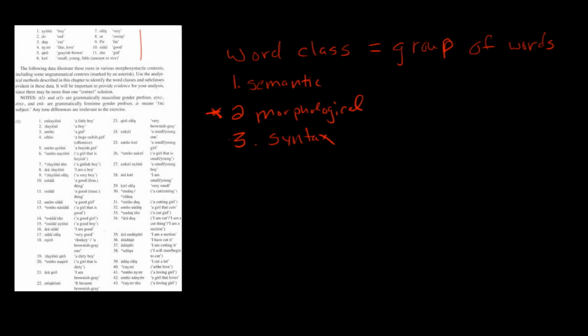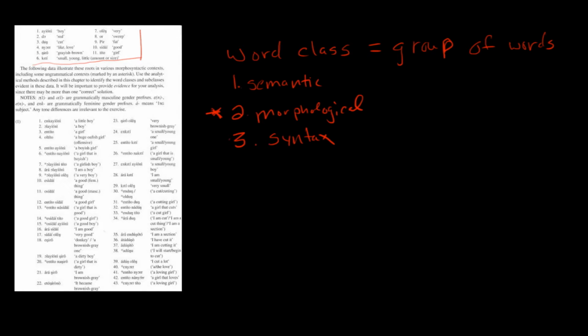So over here, we want to figure out how these 11 words that he gave us at the very top belong in a group. We're going to pay attention to the morphology and syntax, and if necessary, we'll pay attention to the semantics, but at first we won't, though you can.